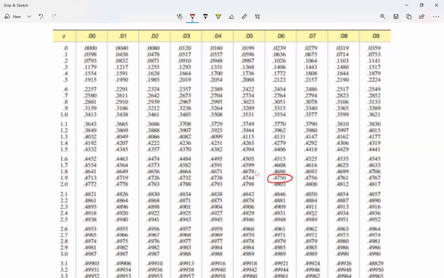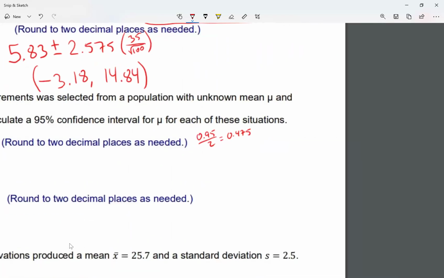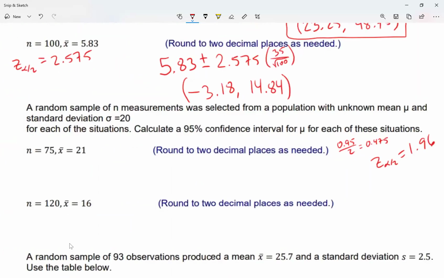What's my C-score on that? 1.96. Okay, 1.96. Let's use that. I found my C-score. The C-score I'm going to be using is 1.96. I have my n. As a matter of fact, let me write it down here.